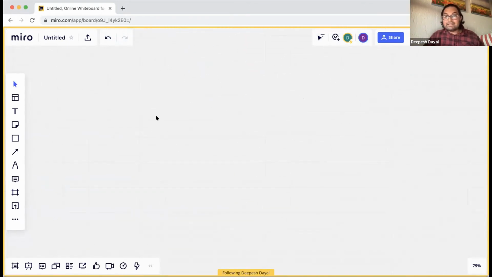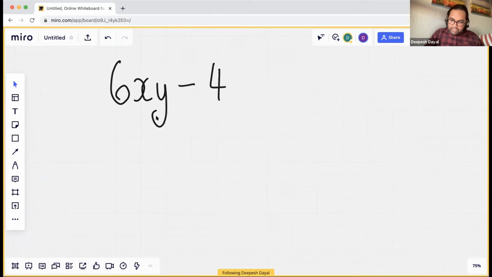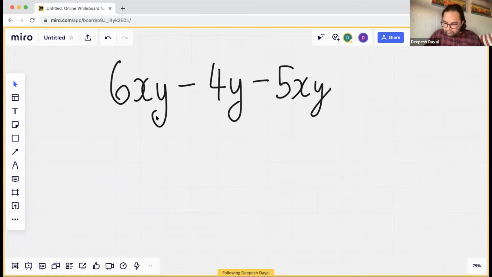Okay, let's make it a bit larger. We're going to throw in some more here. So I've got here 6xy minus 4y minus 5xy. Ooh, this one is a bit tricky.